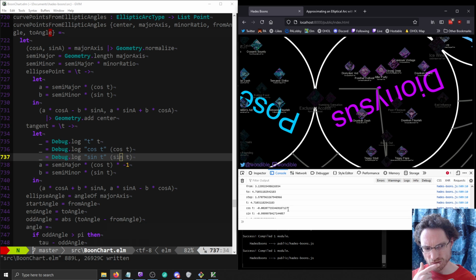Do I have to take this entire thing and rotate it? Well, this particular ellipse is more or less axis-aligned.